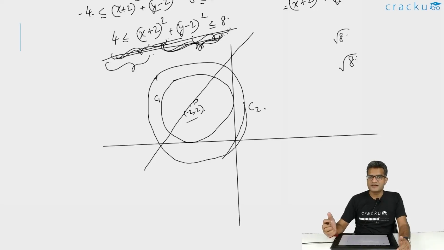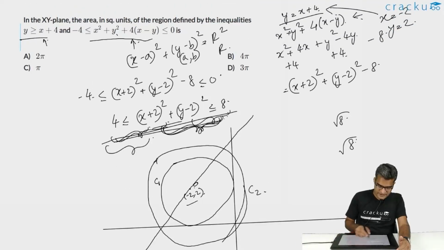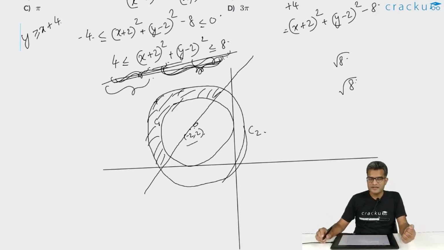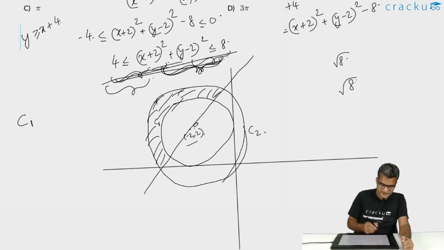Now if you are asked to calculate the area for which y is greater than or equal to x + 4, we are essentially looking for this area, this side. To calculate that, we will first calculate the area of the outer circle. Let us assume that is C1, and the inner circle is C2.